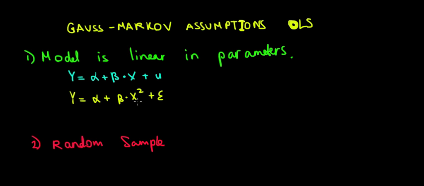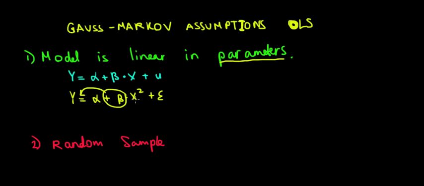Although we have a quadratic term, this is considered our independent variable as a whole, but the actual beta, the actual slope, is still linear. So the model is still linear in parameters, and that's the key word here. It's linear in parameters, but not necessarily linear in the variables, because, as we can see in this case, we can have a quadratic effect of x.